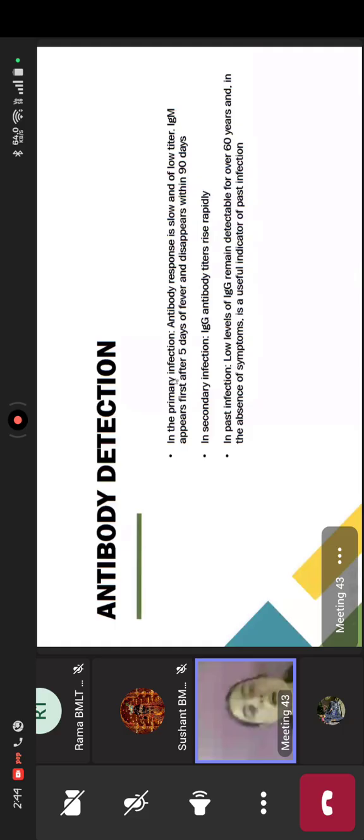In the primary infection, antibody response is slow and of low titer, right? When primary infection occurs for the first time, the antibody response will be slow and present in low titer in our body. So first, which antibody will appear? IgM antibody will appear first, after 5 days of fever, right?